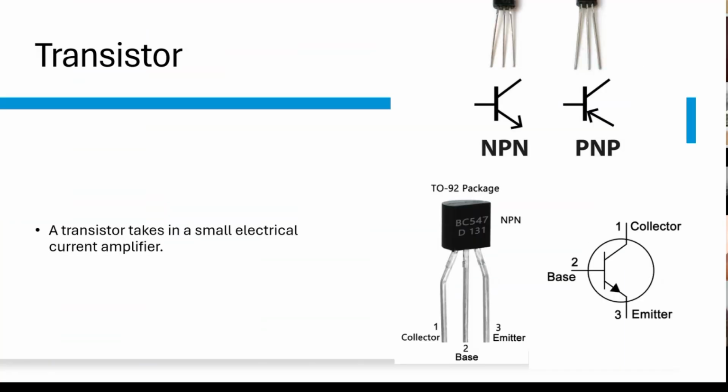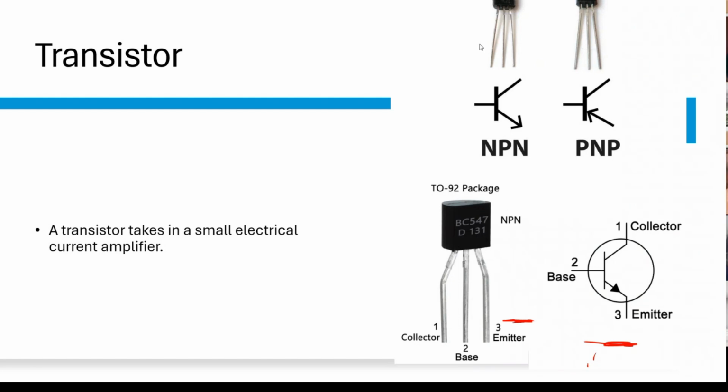Next is transistors. This component is used to increase the current to the required level for our circuits. Say I get some 10 milliamps of current, I can increase it to 15 amps or 20 amps based on my circuit.